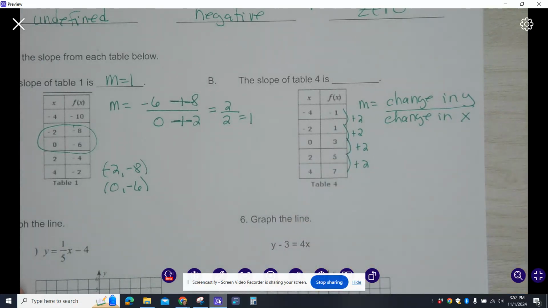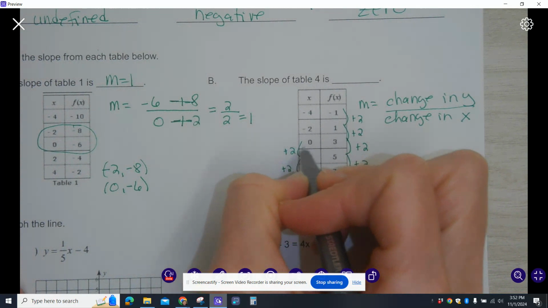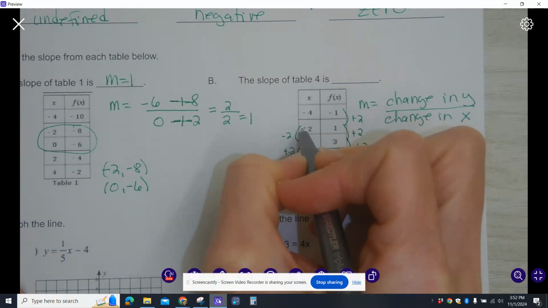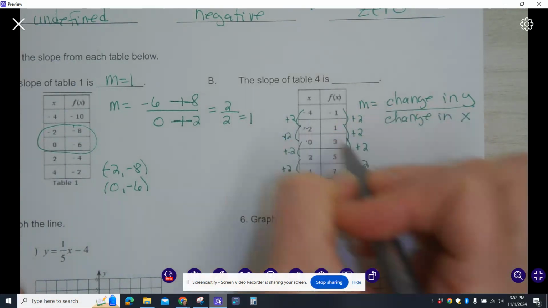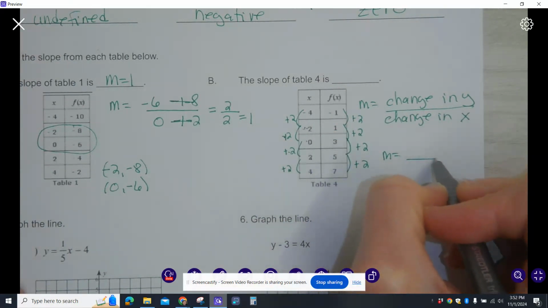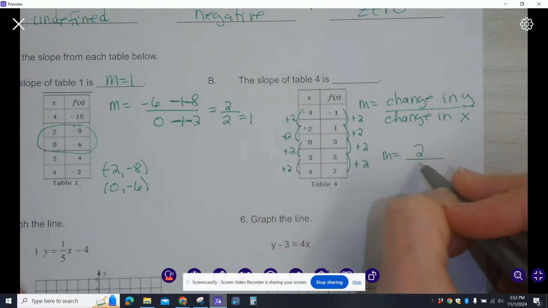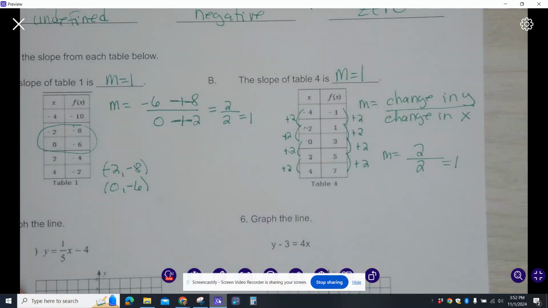Plus 2, plus 2, plus 2, and it looks like my x values are doing the same thing. 0 plus 2 is 2. 2 plus 2 is 4. Negative 2 plus 2 is 0. So that means my change in y, which are these numbers right here, is 2. My change in x is also 2. So this one has a slope of 1 also.